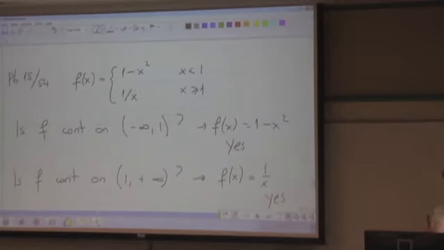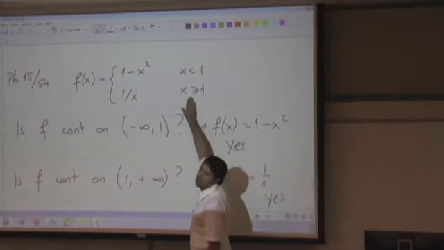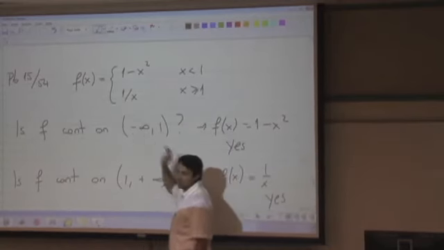Everybody sees that f of 1 is 1? Yes or no? Yes. Because I heard 0. Do you understand why it is not 0? The equality sign resides on the second branch, which means I'm looking at 1 over x.